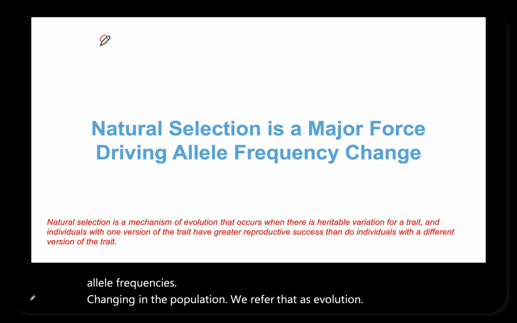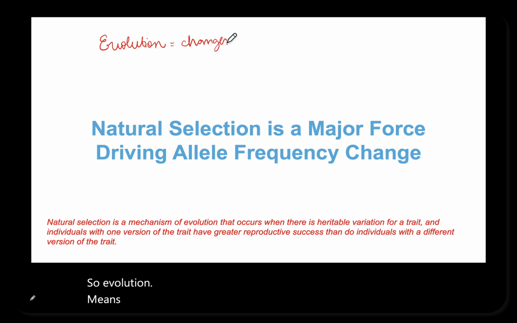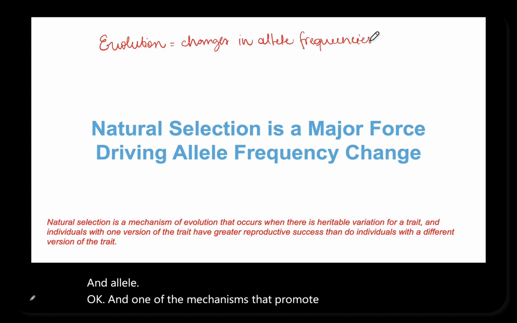So, evolution means changes in allele frequencies. Okay? And one of the mechanisms that promote changes in the allele frequencies is natural selection.